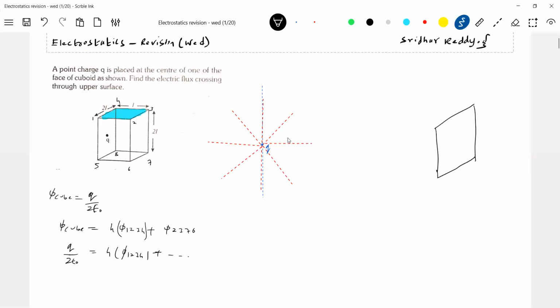This will be 2L, no? Okay, this will be 2L and this is 2L. Exactly from the center, this is L. Here a point charge Q is there. So I think we do have such a formula.